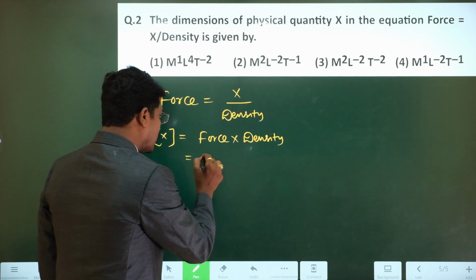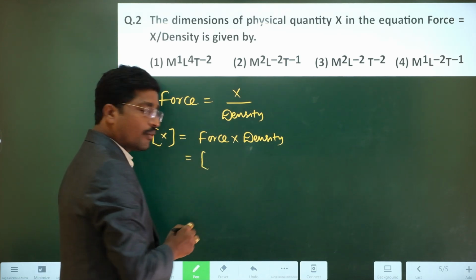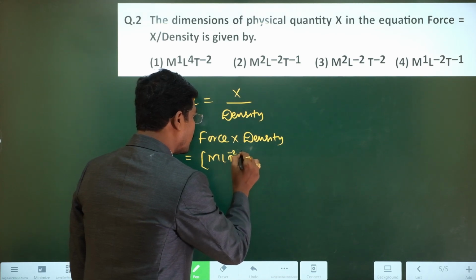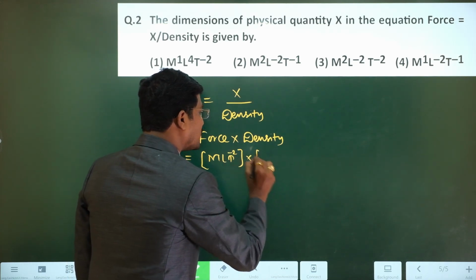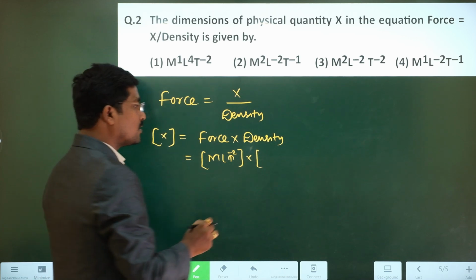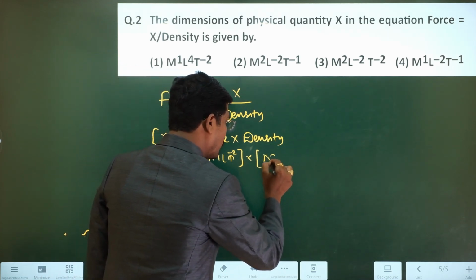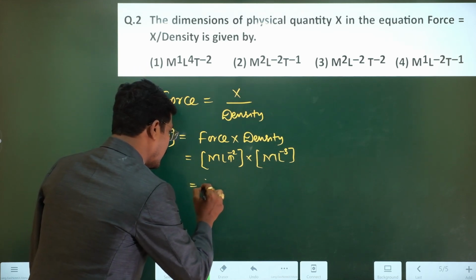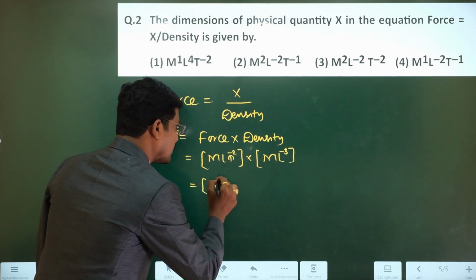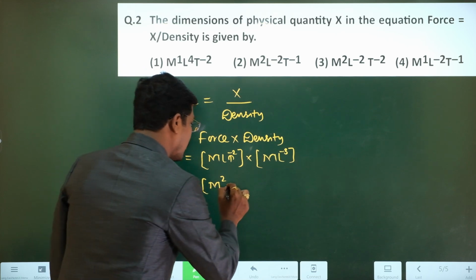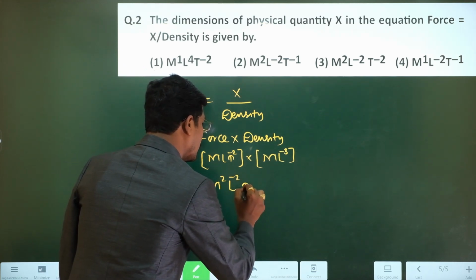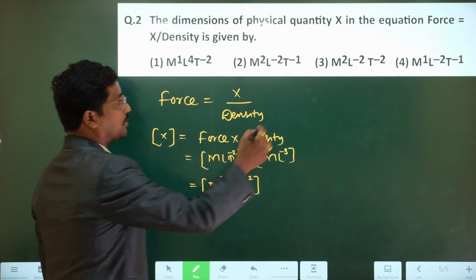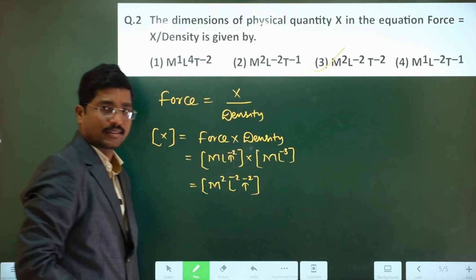We know that the dimensions of force is M L T power minus 2 and the dimensions of density is mass by volume, like M L power minus 3. So finally the dimensions of x is M square L power minus 2 T power minus 2. So the third option is the right answer.